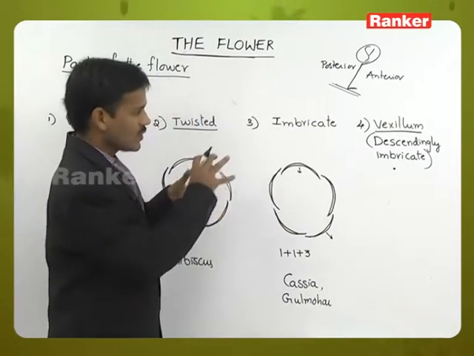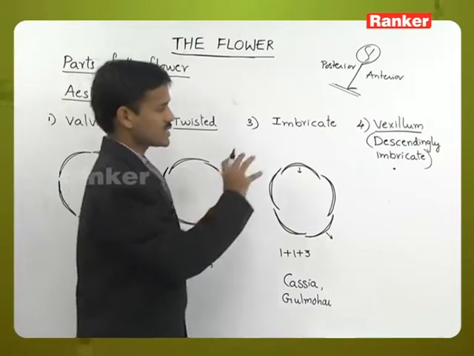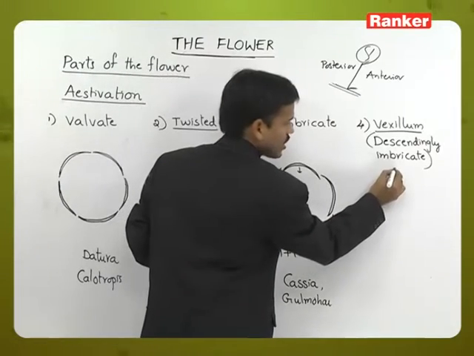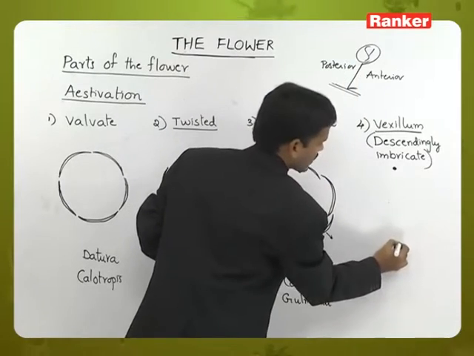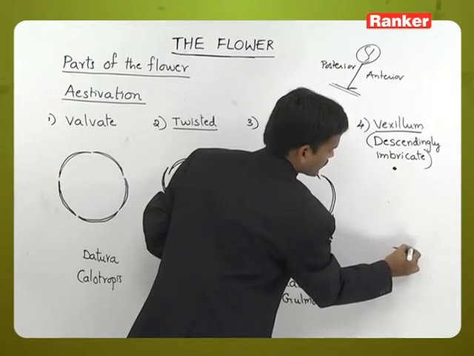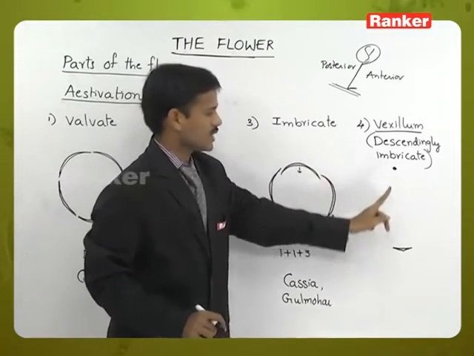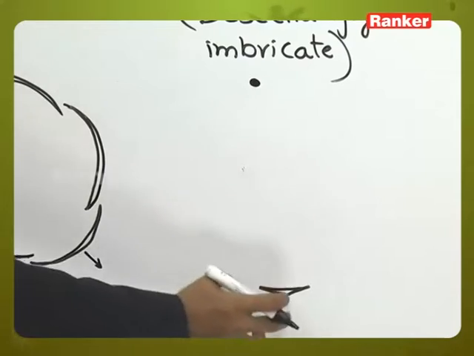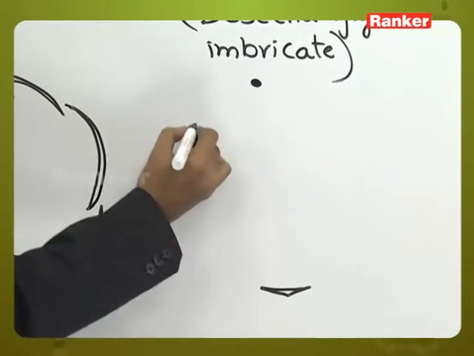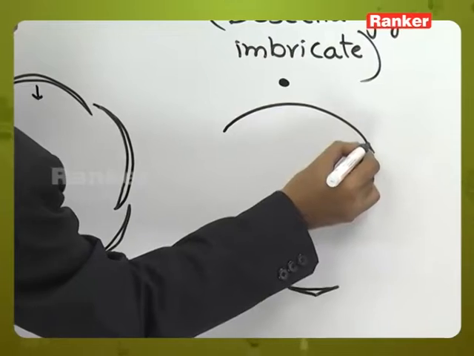In the floral diagram, the anterior and posterior sides are shown here. This dot is representing the posterior part, and here the bract is showing the anterior part. So front part and back part are the anterior and posterior parts. Here the floral parts are overlapping.